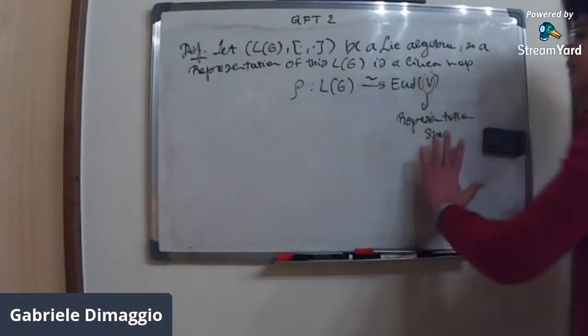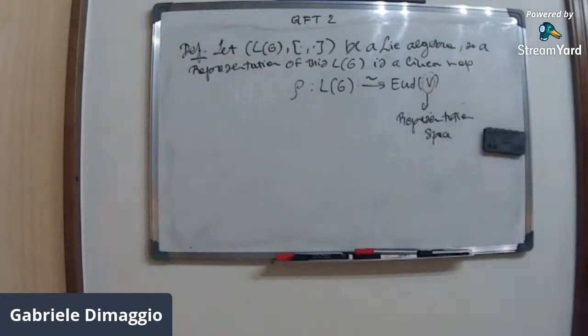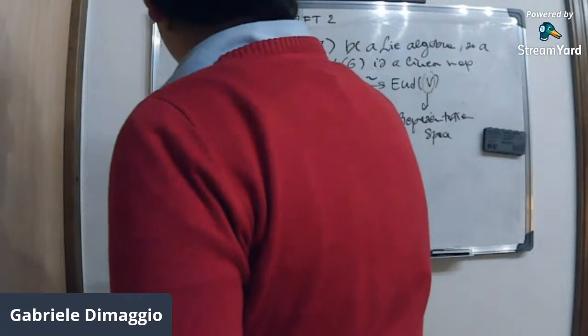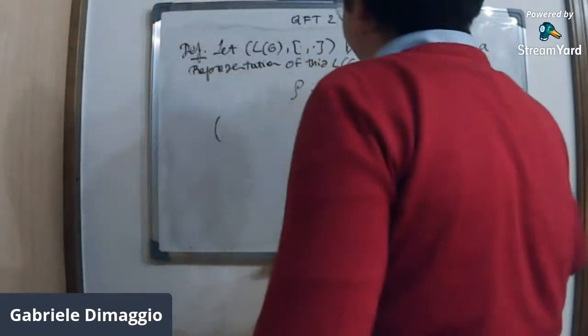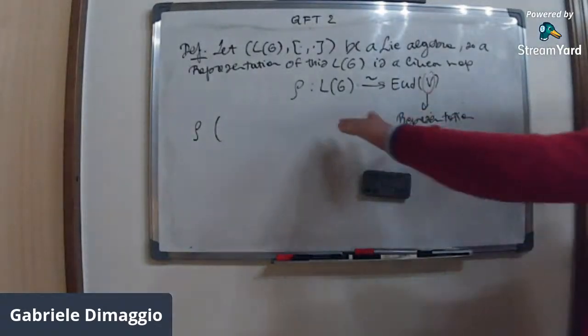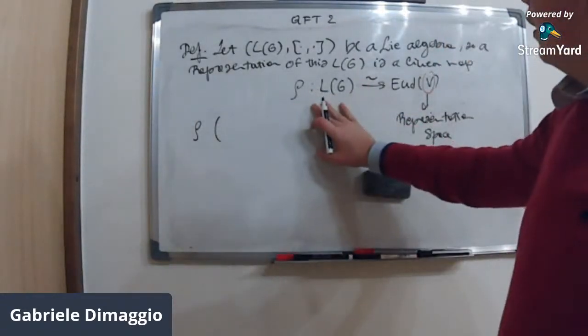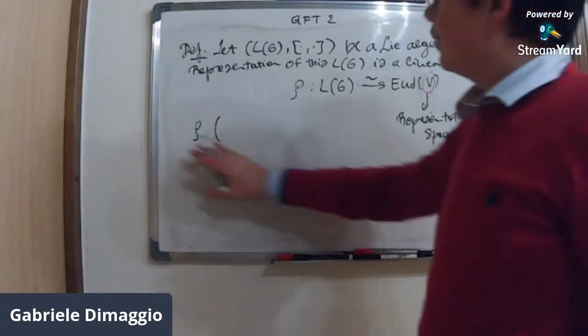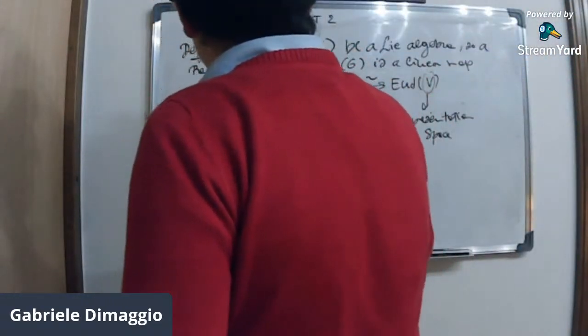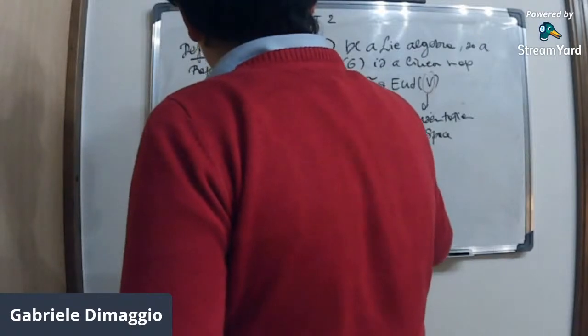So this is a representation space. Now I have an important property: this kind of representation has a particular property. Rho of this is equal to this.